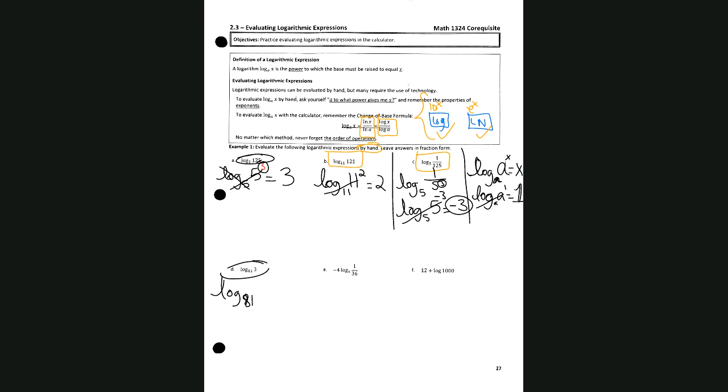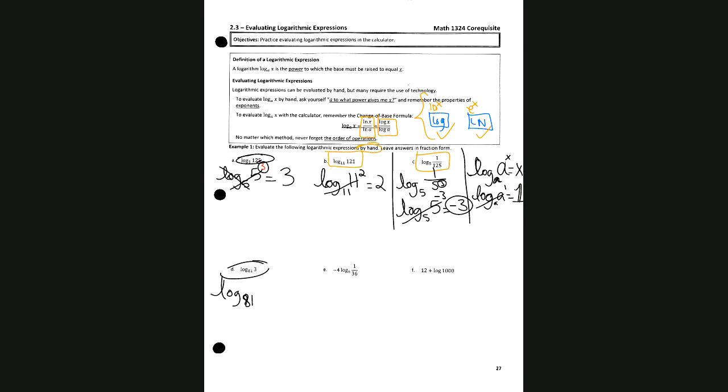To what power do you have to raise 81 so that you get 3? Okay, I do have an idea.